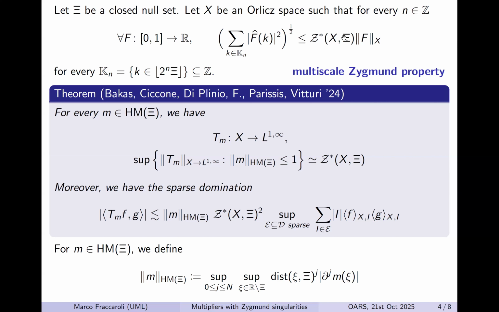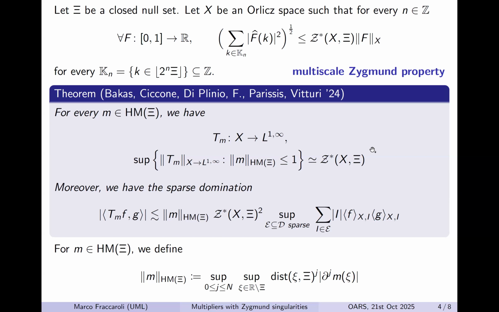But you can also build sets Xi that are not the union of lacunary sets, but they still satisfy some meaningful multiscale Zygmund properties.